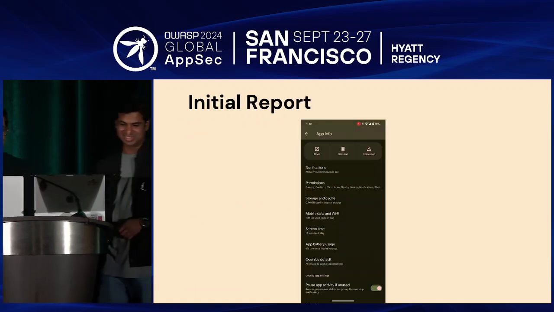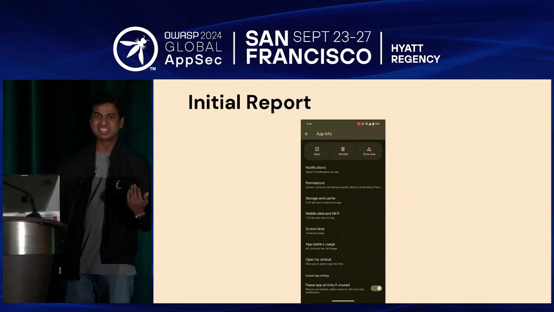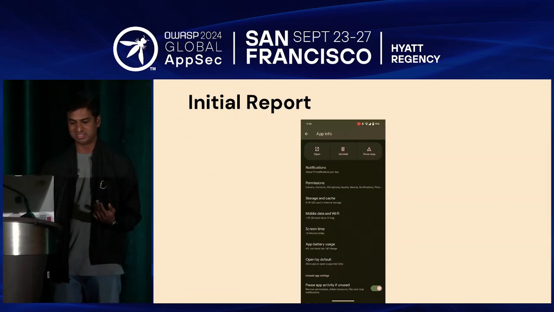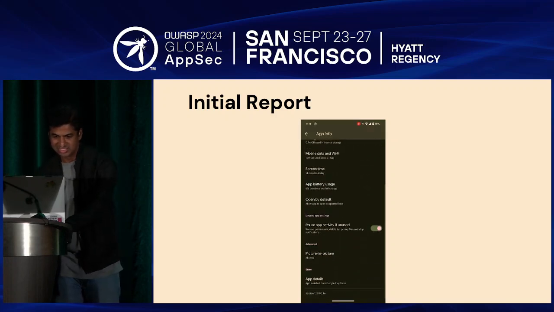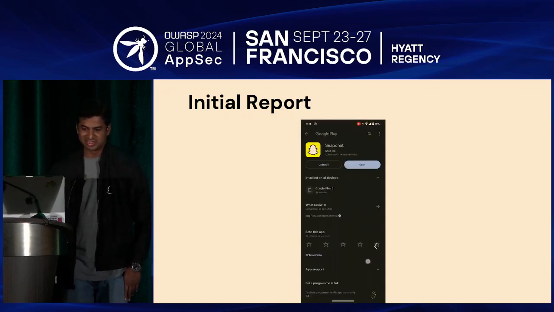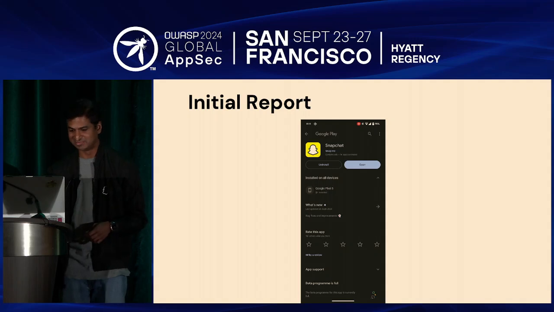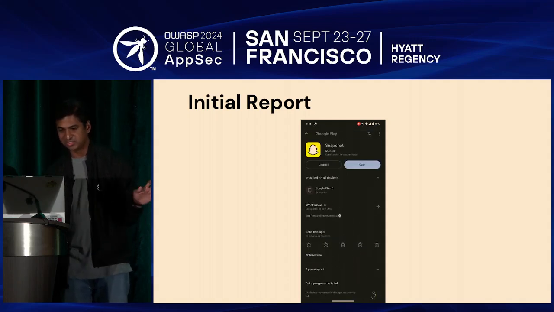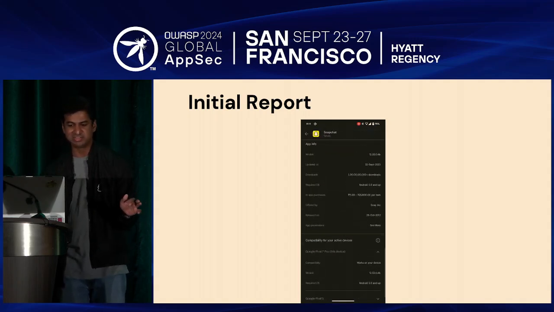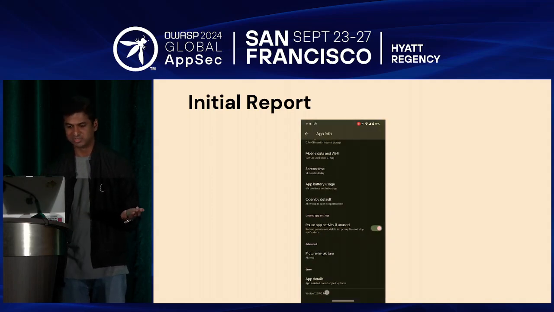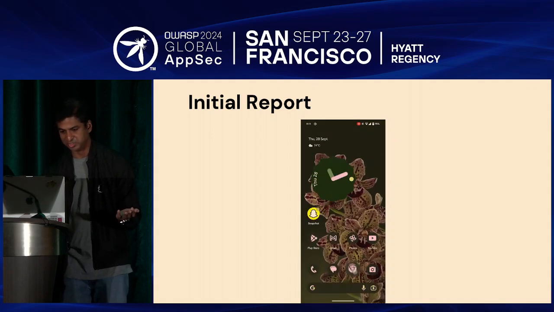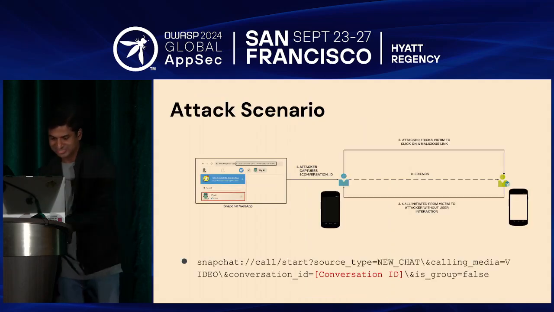Yeah, so let's look at the initial report that we got from the bug bounty program. It took us a while to really understand this because they just submitted this video. So right now, the research was showing that they have the latest version of the app, and they're not using an older version.